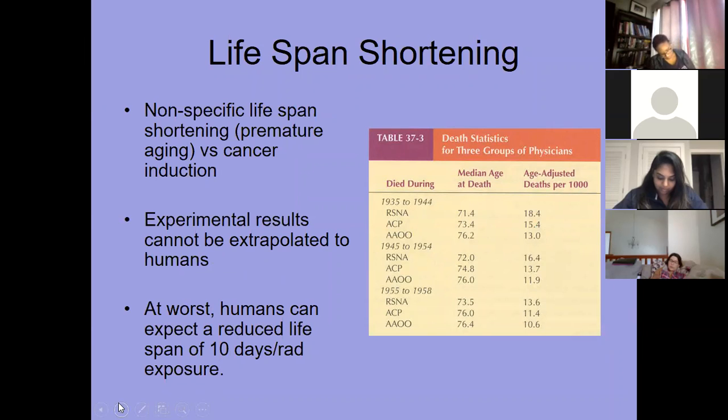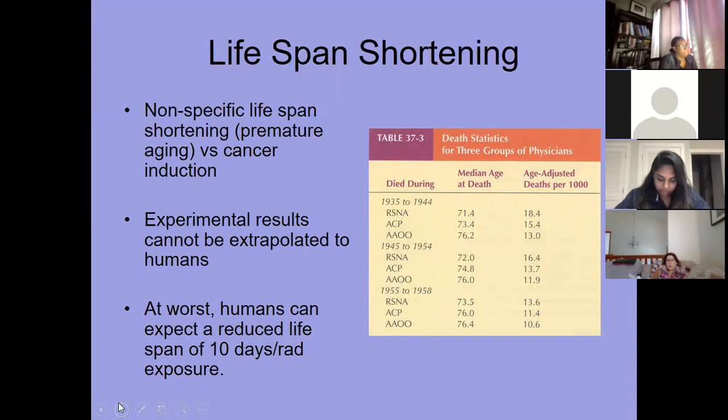So when they look at lifespan shortening, one of the things they looked at was, well, what are we talking about? Premature aging, or are we talking cancer induction? Are those the things that will shorten the patient's life? They've come up with a conclusion that the experiments on the laboratory animals cannot really be extrapolated to humans.